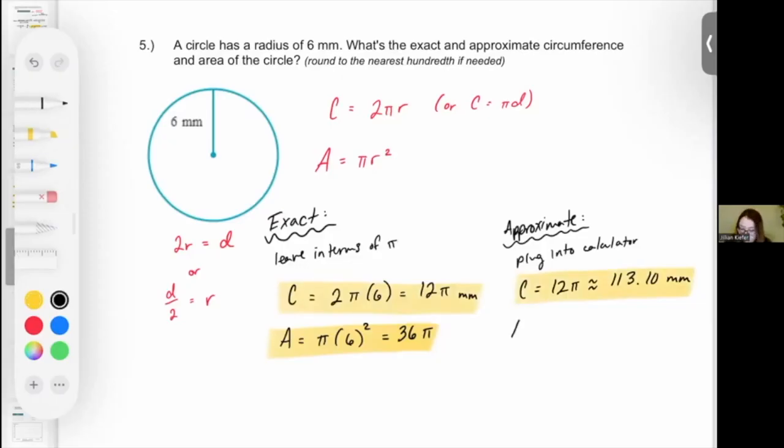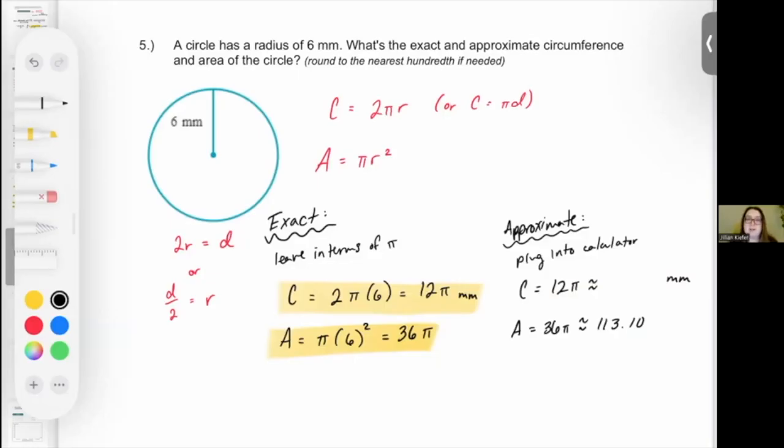Then for the area, we have 36 pi, which we will plug into our calculators and do 36 times pi, which will come out to about 113.10. That was an error on my part.